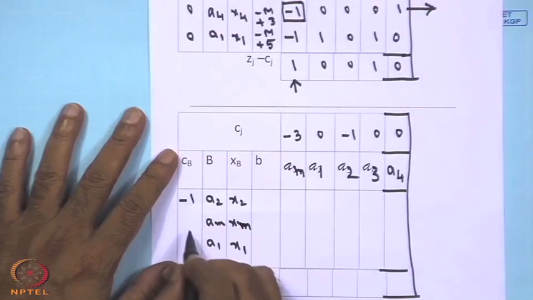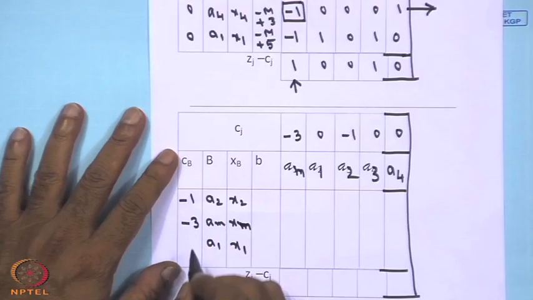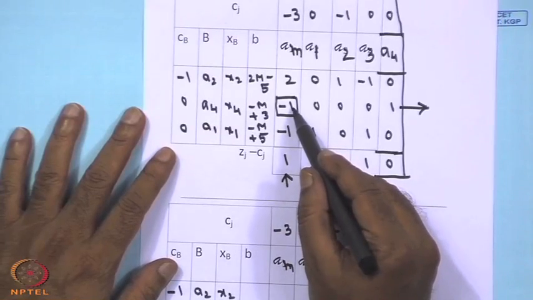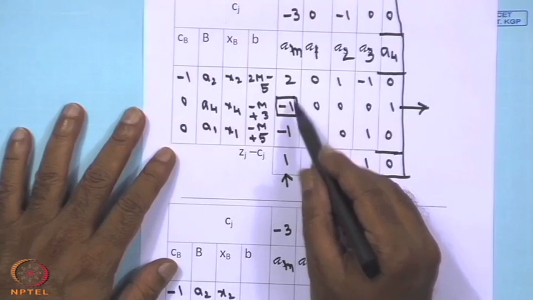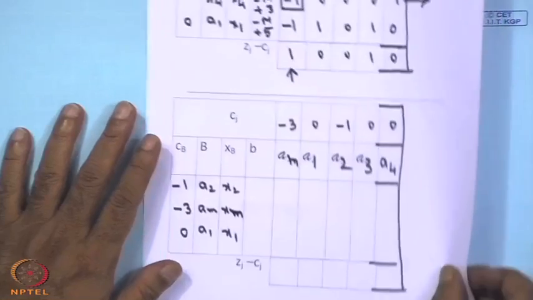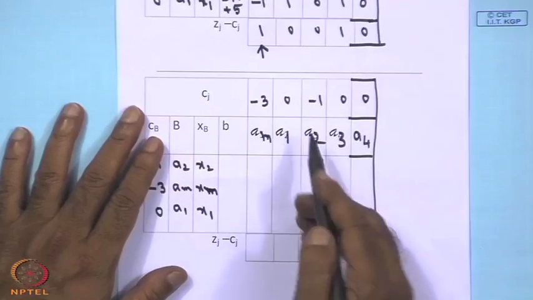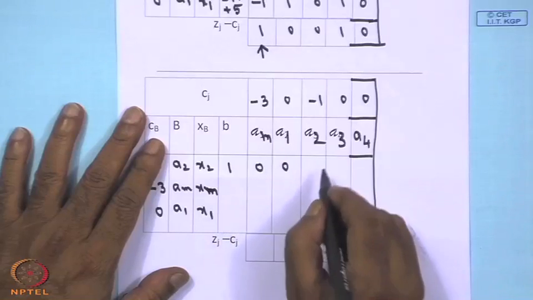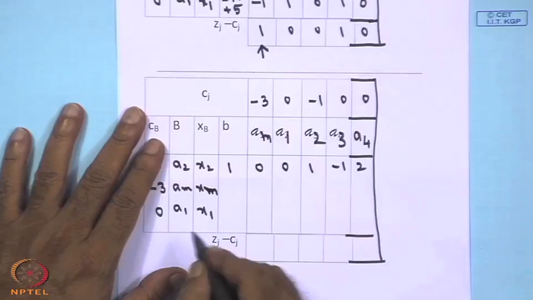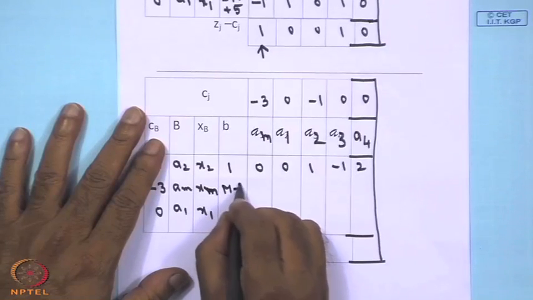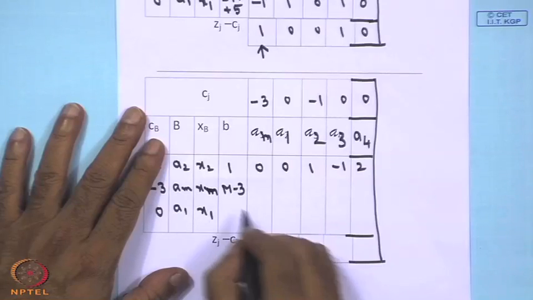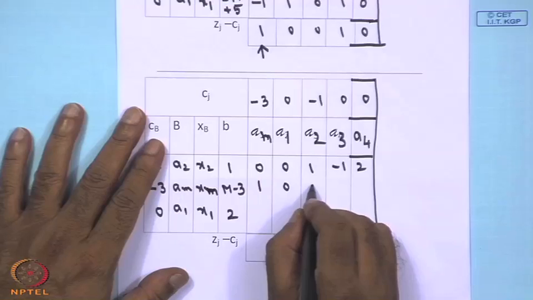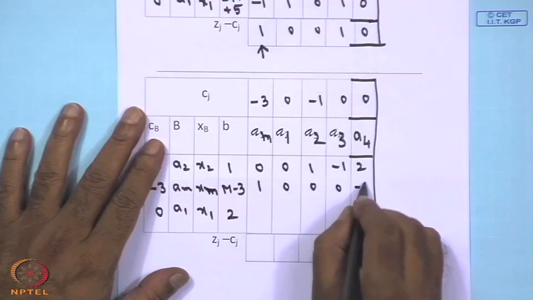So, correspondingly minus 1, minus 3 and 0. So, what I have to do? I have to make this row 1 and the other two rows 0. So, after making that, you are obtaining this one: 1, 0, 0, 1, minus 1, 2, m minus 3 and this is 2, 1, 0, 0, 0, minus 1.